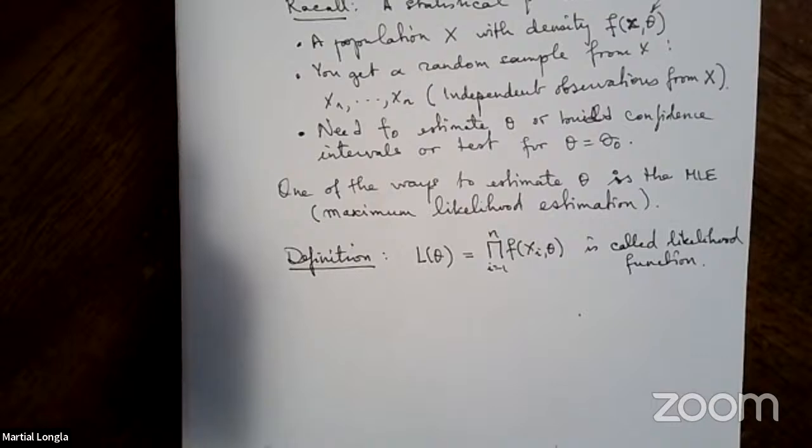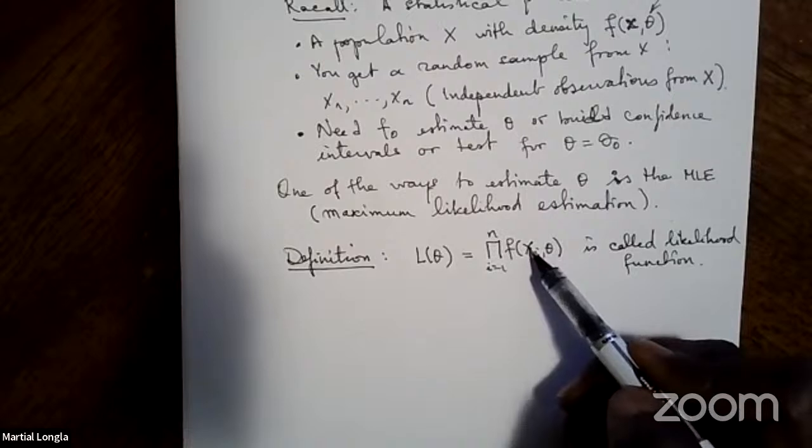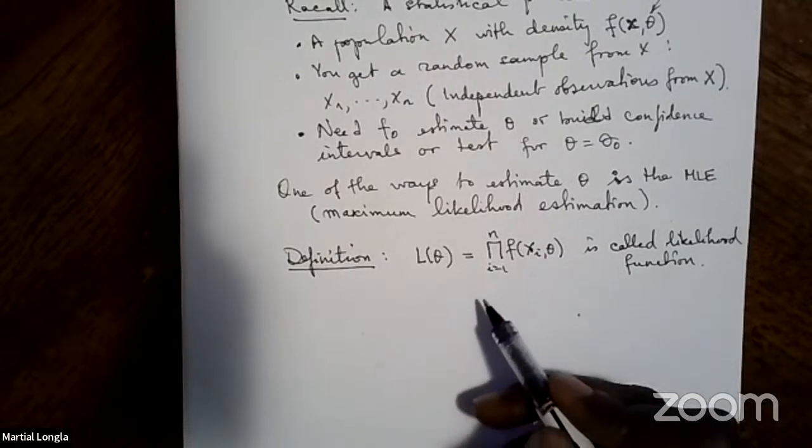So that is just the product of the density function at each of the points. So we just plug in each of the xi's and then we multiply throughout.